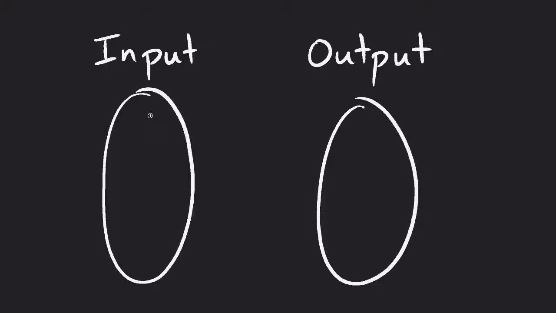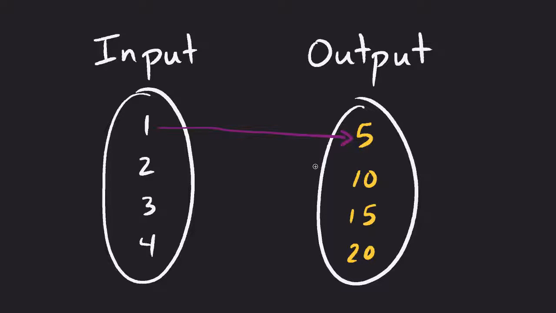I'm going to give you the numbers 1, 2, 3, 4, and this list of outputs, 5, 10, 15, 20. It could be anything we want, but here's what I tell you. I push the number 1, and every time I push it, I get a 5.